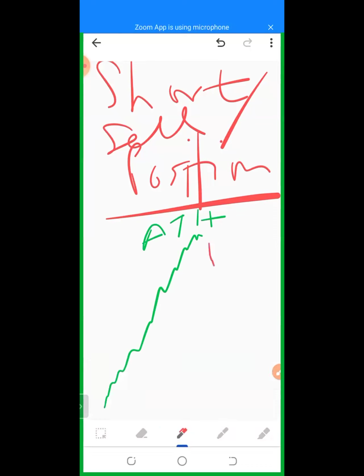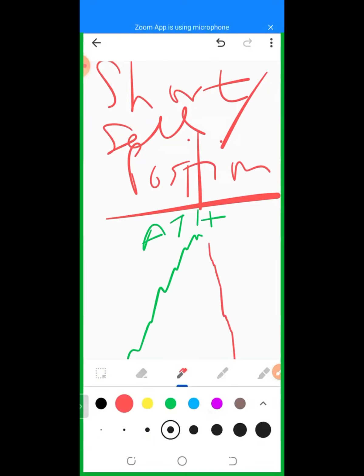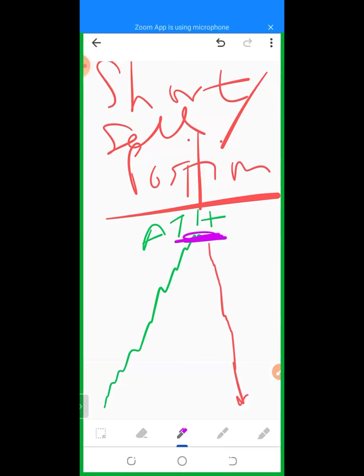So the position you take at the top, maybe you enter the coin at $3, and you believe this coin will crash down to $2. Then the position you are taking is called short or sell position, because you believe that people will be selling this coin because it has reached the highest.